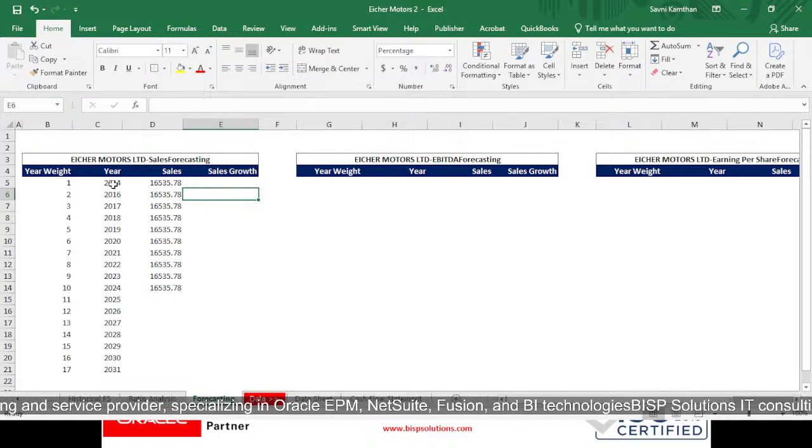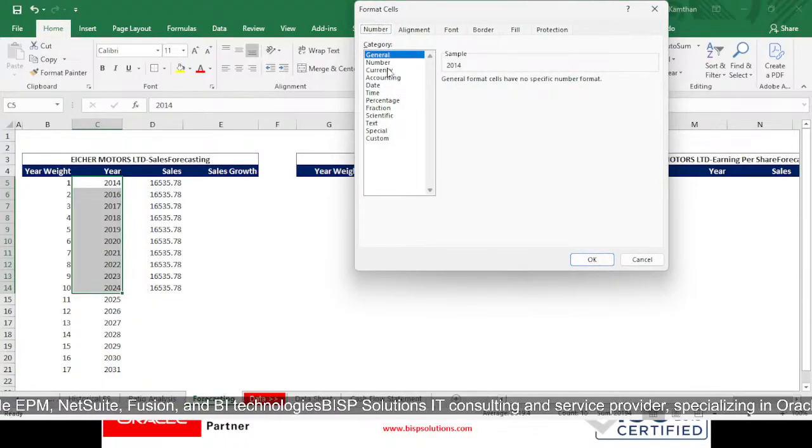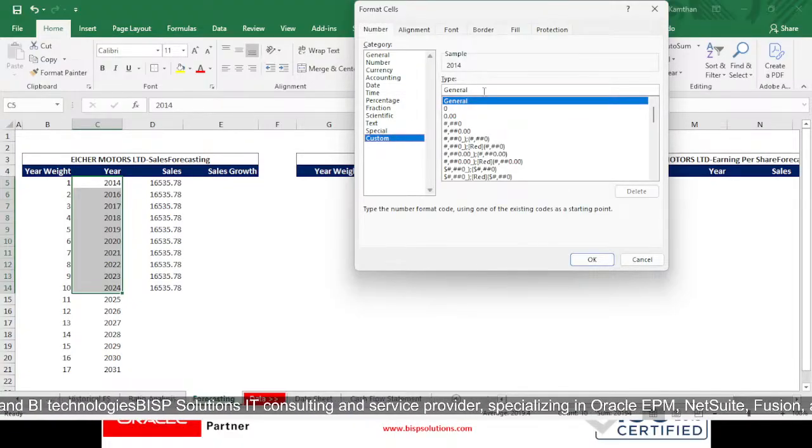So before doing that, let's do one more setting over here. We have selected 2024 till 2024. We have selected this data, and Control plus 1. I have already mentioned in my previous sessions to do a small change.